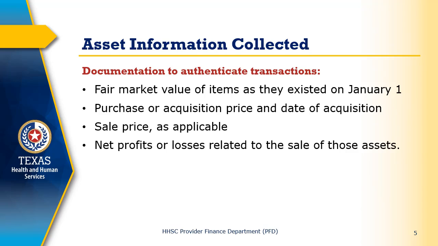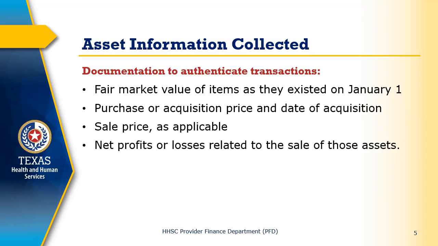To ensure the accuracy of the cost report, we must carefully review the asset information that has been gathered. Essential documentation includes the fair market value of the assets as they were on January 1st, which serves as a baseline for valuation. More information is available in the cost report instructions. Additionally, we need to verify the purchase or acquisition price along with the date when the assets were obtained.